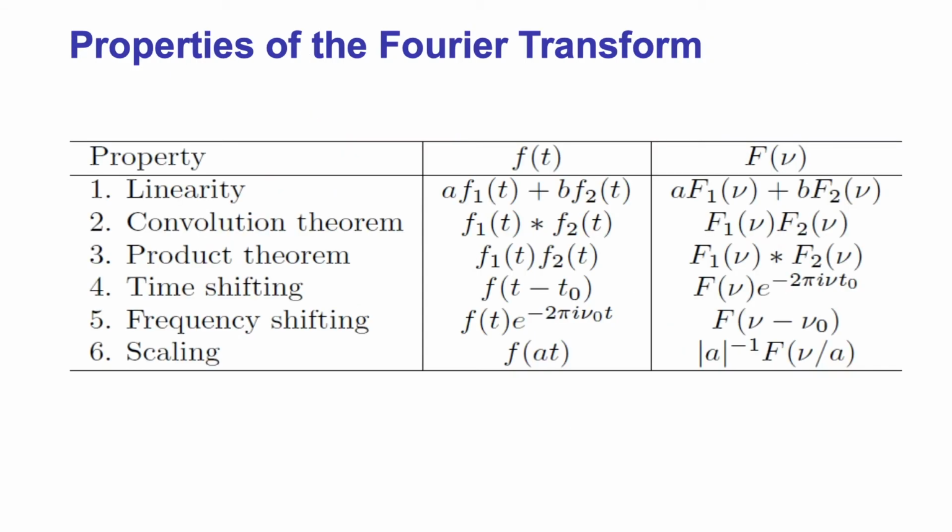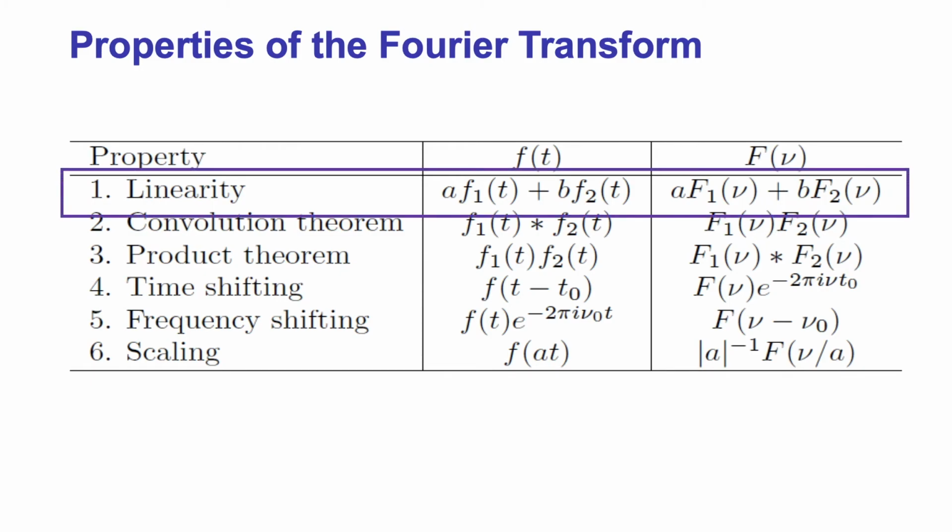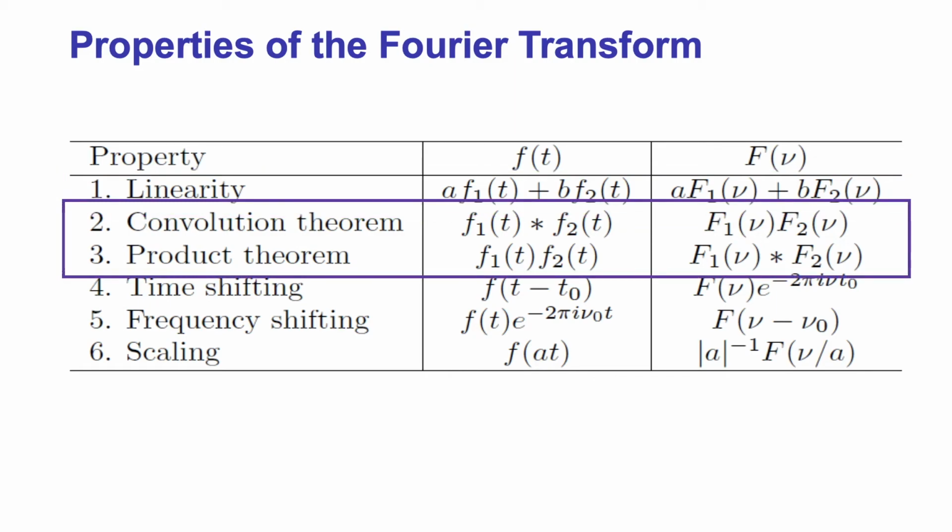The Fourier transform has some very important properties which are summarized in this table. The property of linearity, which means that adding two functions in the time domain is analogous to adding their Fourier transforms in the frequency domain. The convolution and product theorems that establish the analogy between convolution and multiplication in the time and frequency domains.